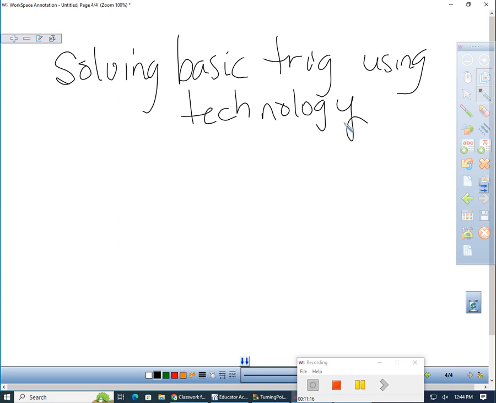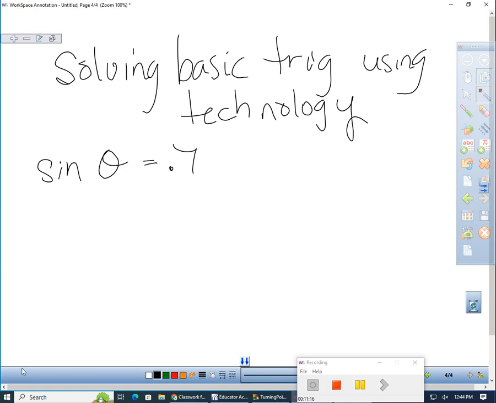So if I have, for example, let's say sine theta equals 0.7.